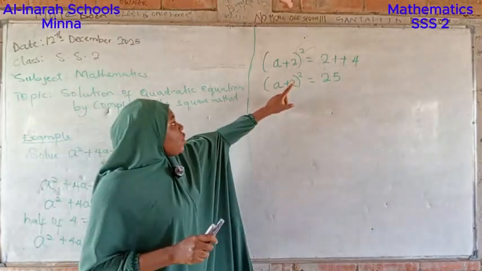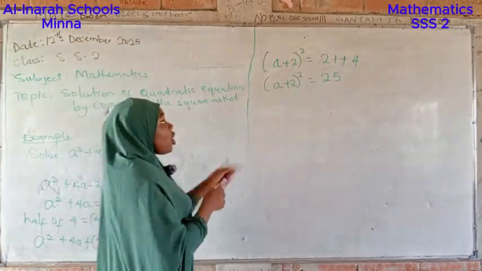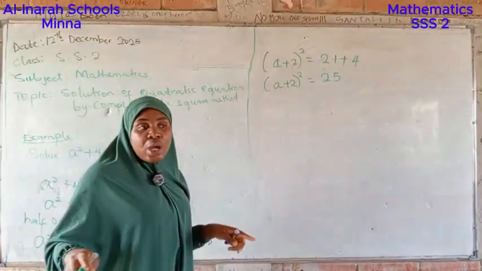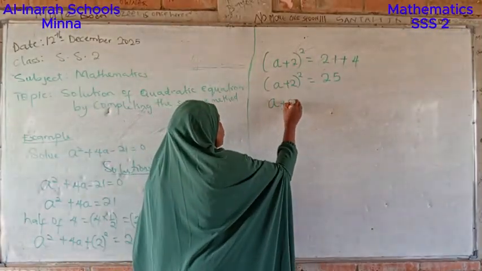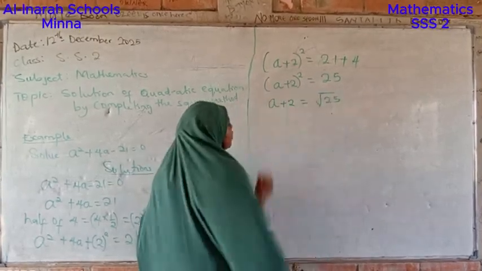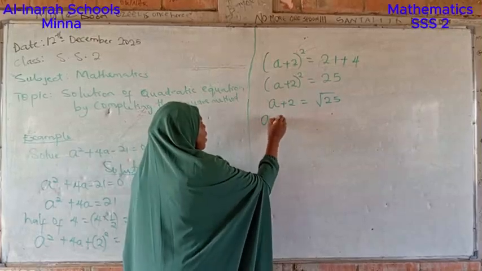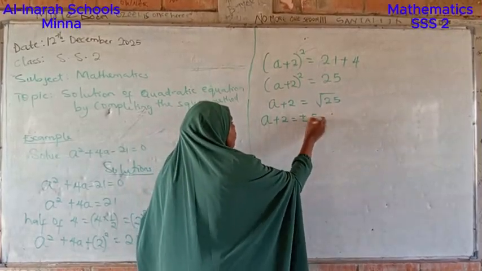Whenever I'm taking the square roots of both sides, the square root will cancel the square, because the square and the square root are opposites. So I will have a plus 2 is equal to the square root of 25, so a plus 2 is equal to plus or minus 5.